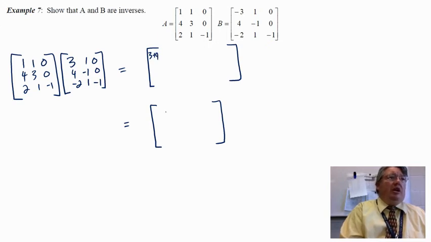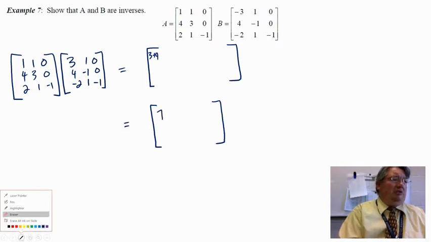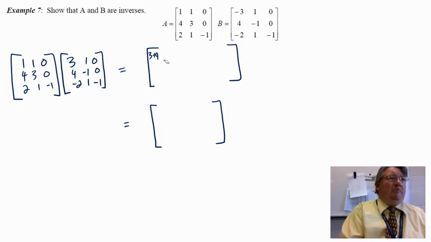That's 0. And 3 plus 4. Well, wait. Oh, I just noticed a mistake. I was going to say 3 plus 4 is 7, and that's not an identity. So I want to double check myself. And do you see what I've done wrong? I see what I did wrong, just barely.